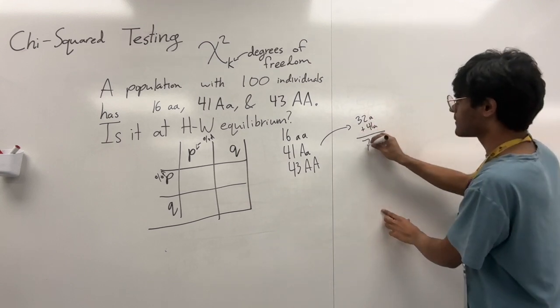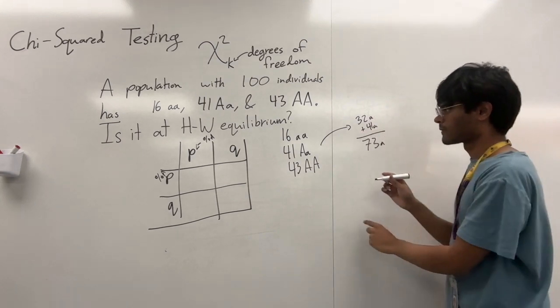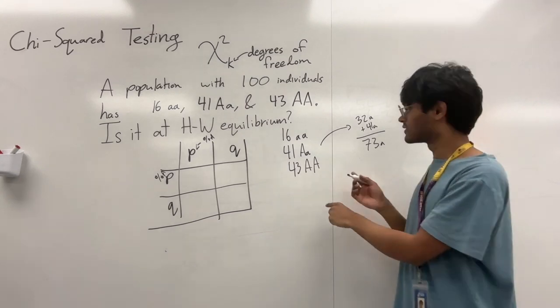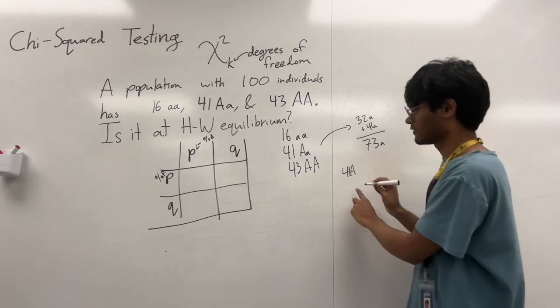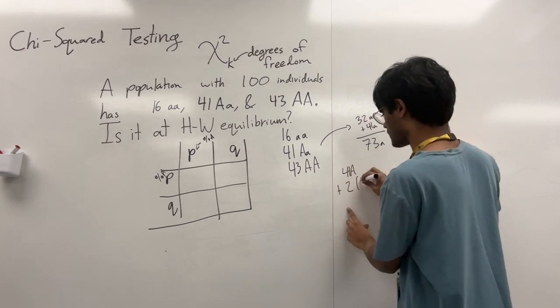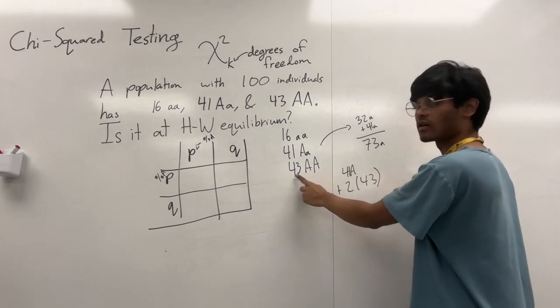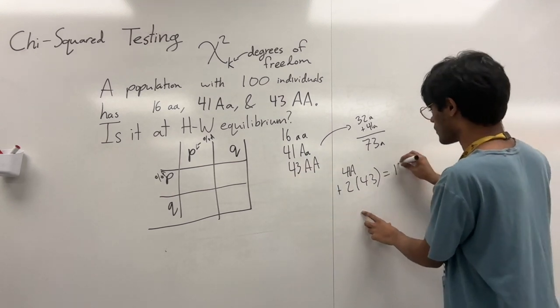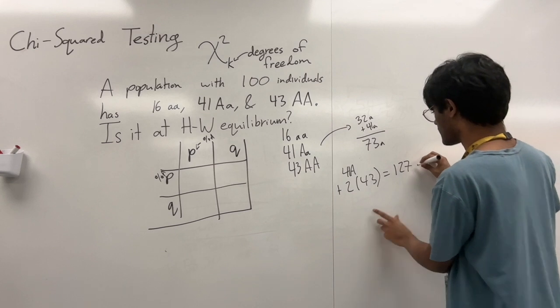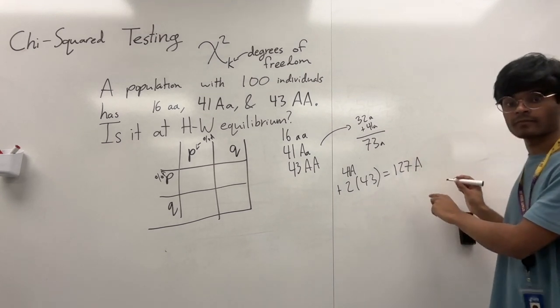That gives us a total of 73 little a's. For big A's, we've got 41 big A's from our heterozygotes, plus 2 times 43 big A's from our homozygous dominant individuals, and that gives us a total of 127 big A's.